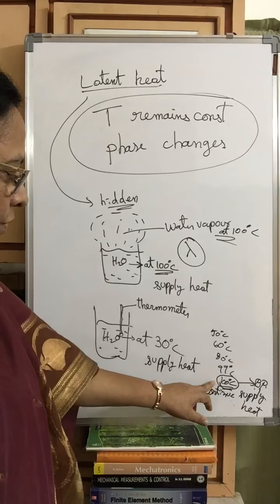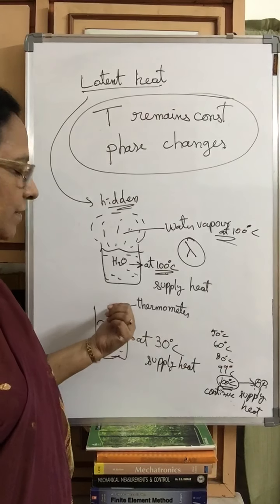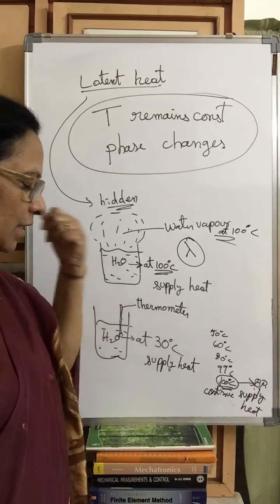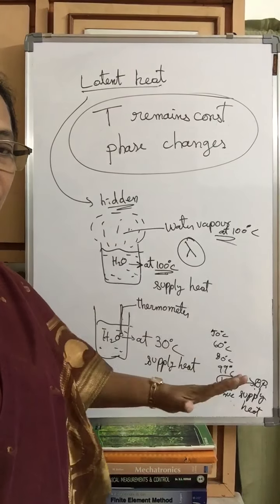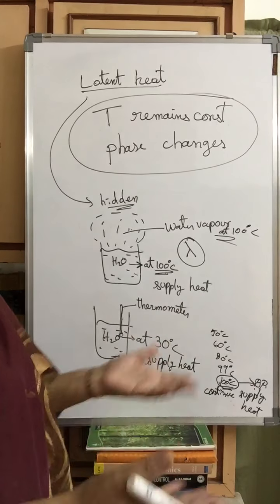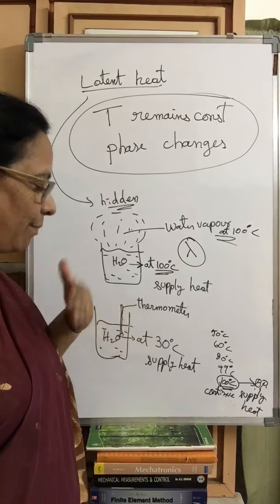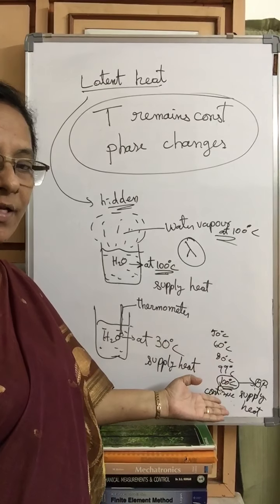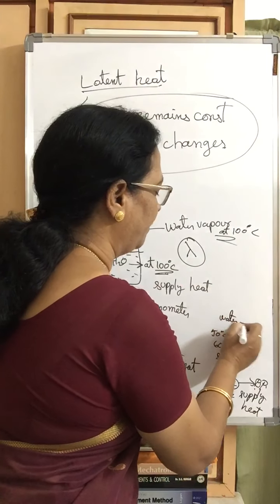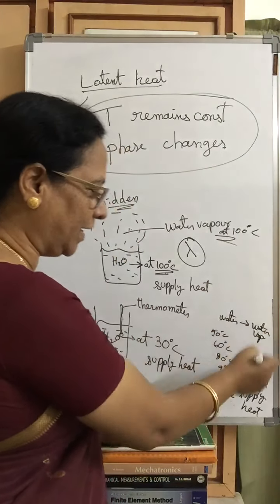Till now, the heat we supplied showed up as an increase in temperature. But after reaching 100 degrees centigrade, the thermometer value remains constant, though we are still supplying heat. That heat is utilized in converting water to water vapor. That is why it is called hidden heat.